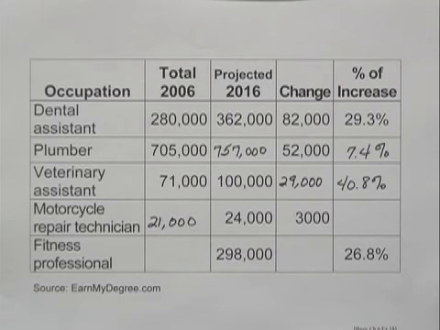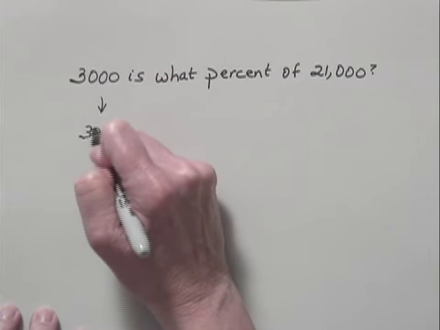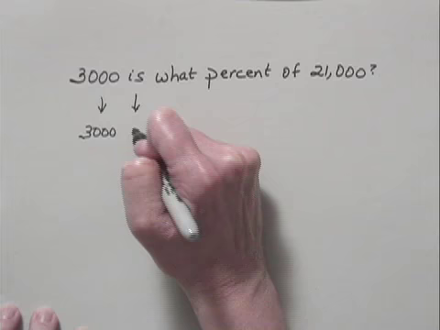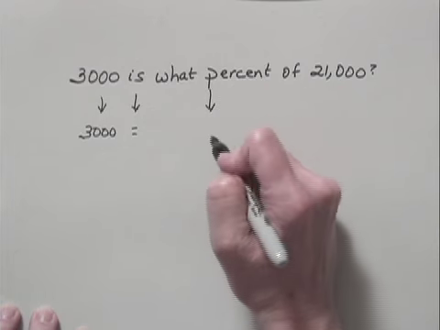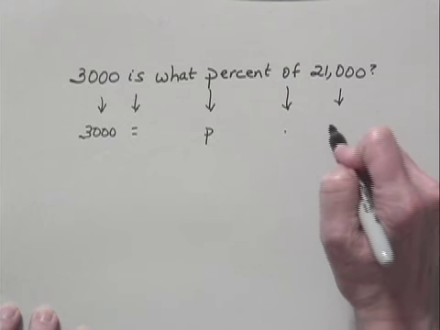And again, we want the percent of increase. We're asking the question, 3,000 is what percent of 21,000? So we write an equation. 3,000 equals what percent P of times 21,000.